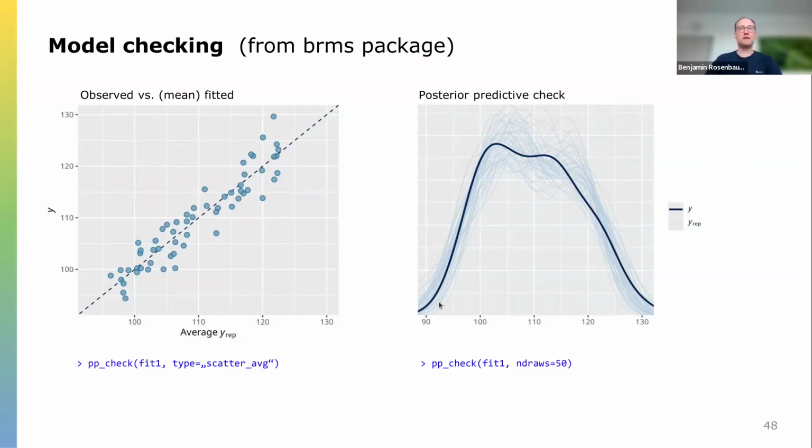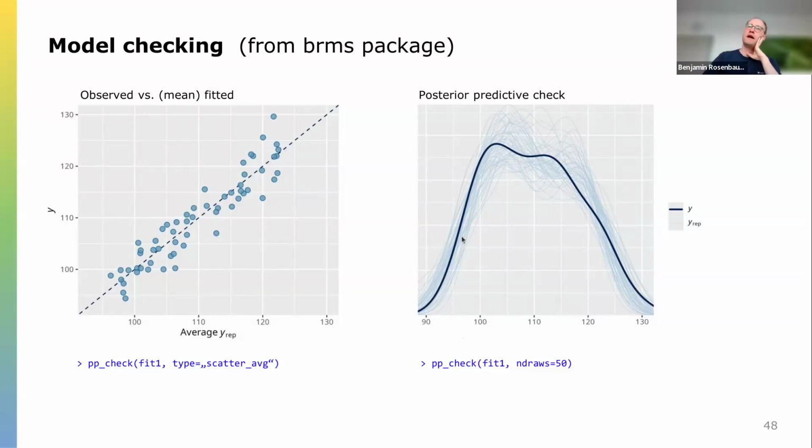This is a density plot, or you can think of it as a histogram. First, the dark blue line is just plotting a histogram of the observed response values in the data. So here you have, I think, kilogram or weight on the x-axis. So that's a distribution of the observed weights in your population in the data set.